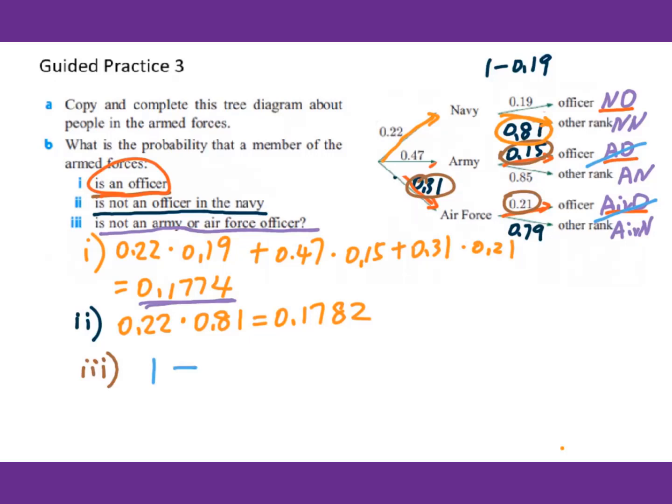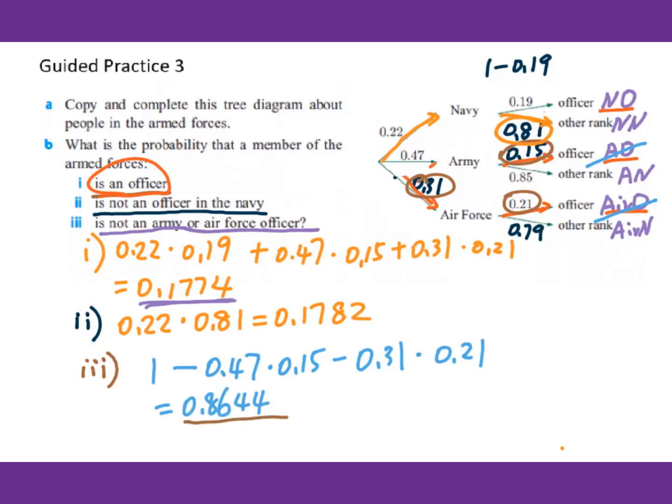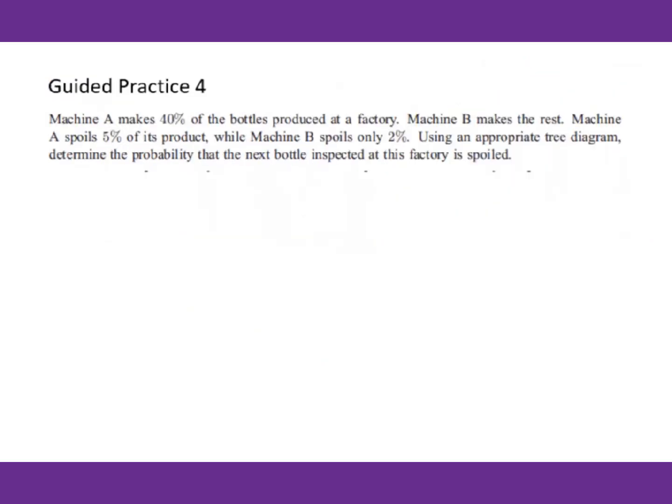So you have Army officer, that is 0.47 times 0.15. Then keep subtracting Air Force officer, that is 0.31 times 0.21 equals 0.8644 will be the answer. Let's go to guided practice 4.